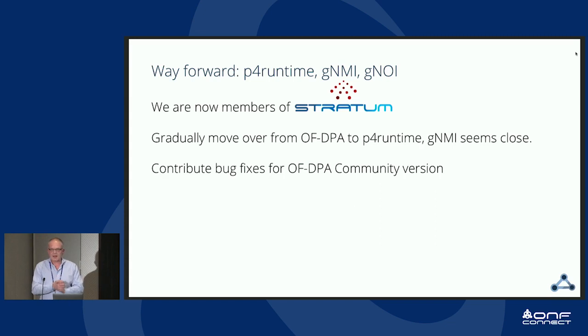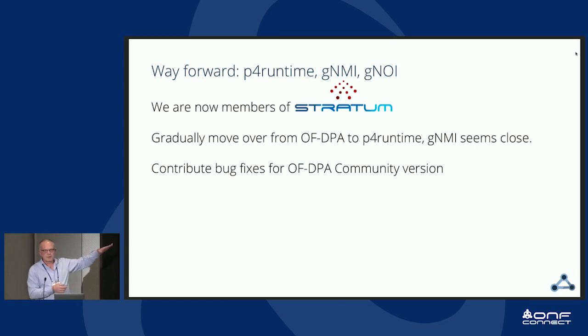We are now members of Stratum. So where do we go with that? Right now, we're speaking OF agent, OFDPA. I think Jim Warner was saying that already 2 years ago. Yeah, we kick out the OF agent and we put in something like a P4 agent, and that would be the straightforward way for us.